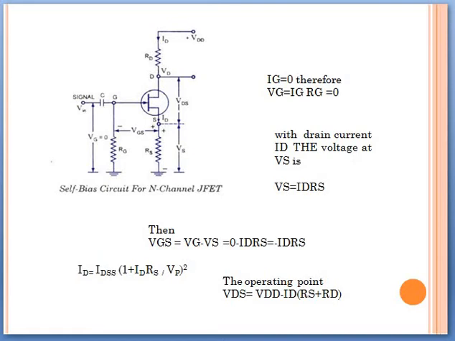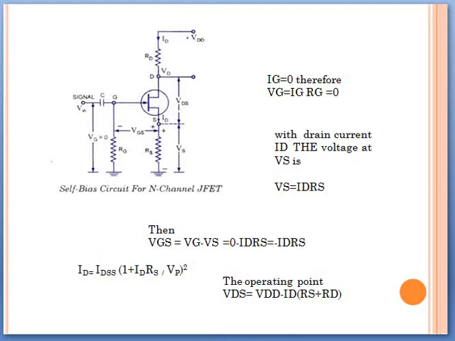Thus the voltage drop across resistance RS provides the biasing voltage VGG. No external source is required for the biasing, and this is the reason it is called self biasing. The self biasing of the JFET stabilizes its Q point and parameters like transconductance.